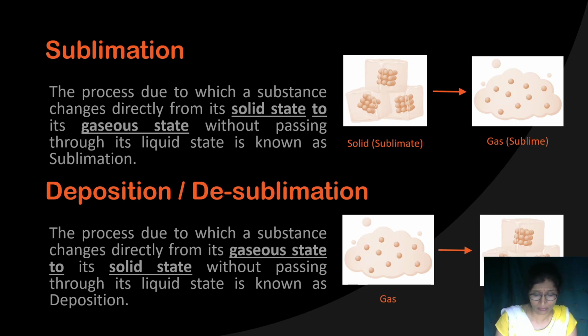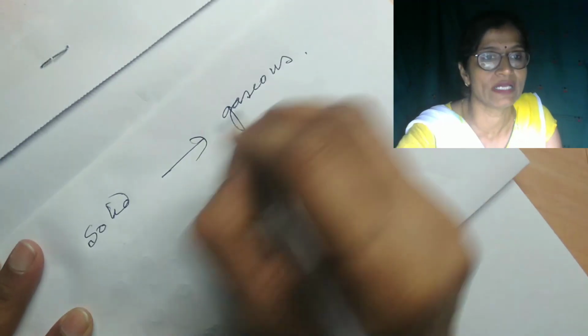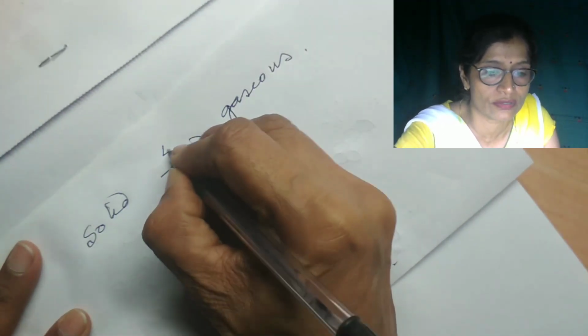So sublimation is the process in which the substance changes from solid state to which state? Solid state to gaseous state directly without passing through the liquid state.